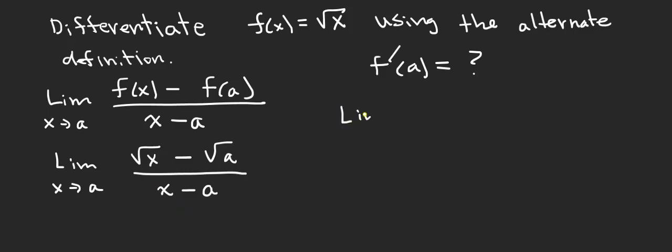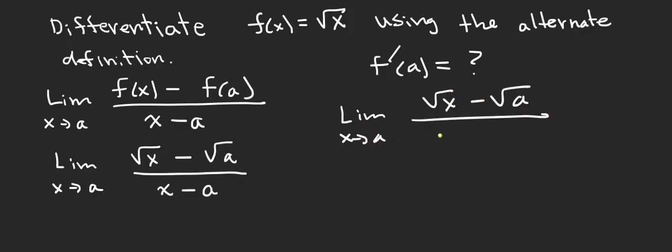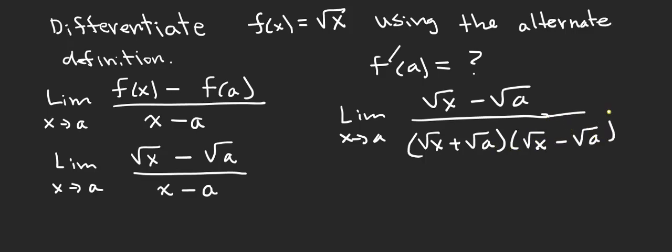So limit as x approaches a, radical x minus radical a over radical x plus radical a times radical x minus radical a. Now that cancels out.